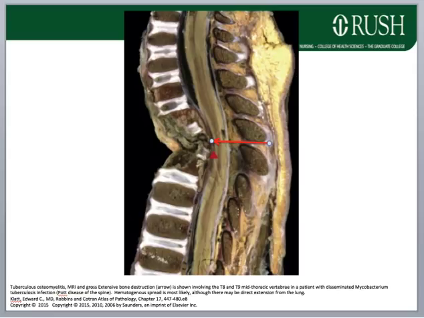This slide illustrates tuberculous osteomyelitis. This was described by Sir Percival Pott, another English physician from the 19th century, when it involves the spine. This is sometimes called Pott disease of the spine.